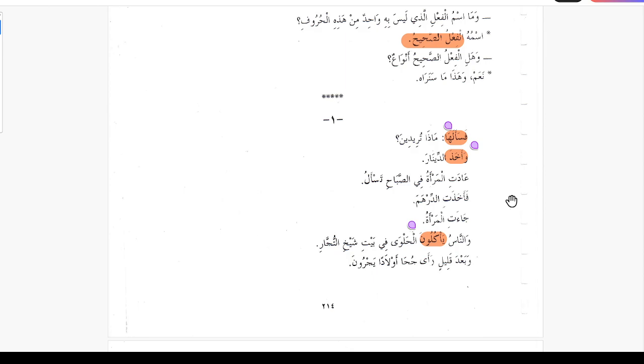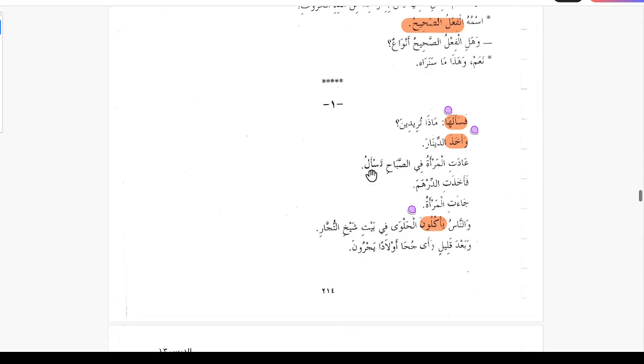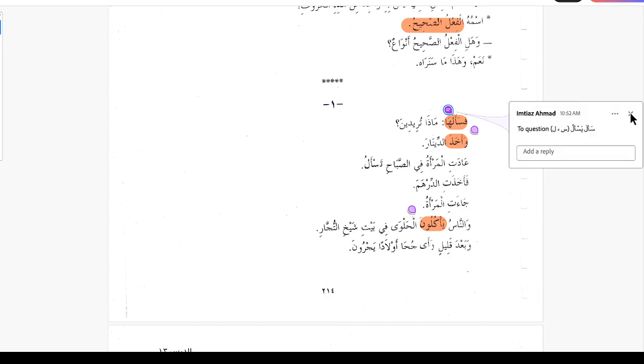Adatil maratu fi sabahi tasalu, the lady, she returned in the morning and she is asking. So Sala yasalu, same verb, we have seen that it also has the three root letters, one of them is a Hamza. Just remember the Hamza here. Similarly, Akhaza, one of the root letters is Hamza here.